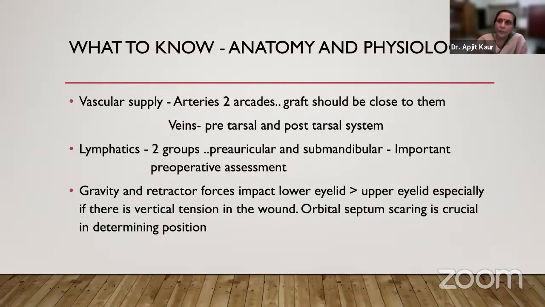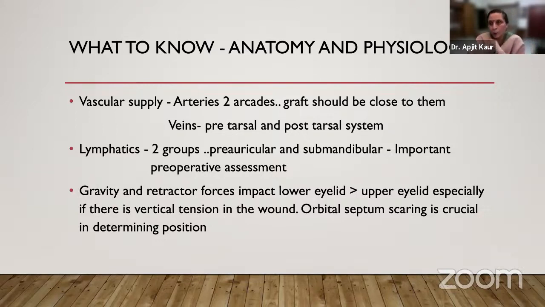All the grafts should be placed close to the arcades. And also we have to keep in mind that the lymphatics go to the preauricular and the submandibular area. This is important in the preoperative assessment, as it was already said. And secondly, it has a bearing on the post-surgical outcome.